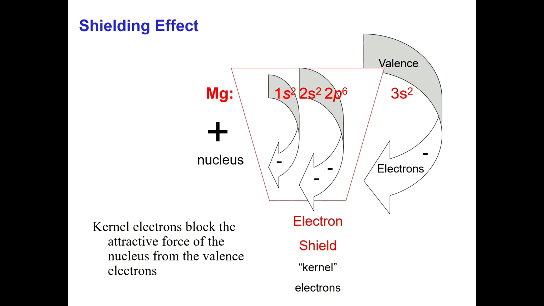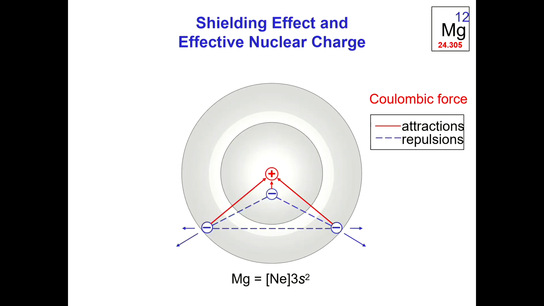Here, this is the inner electrons, and these two are valence electrons. They are attracted by the nucleus, but they also repel each other, and the inner electrons can repel this electron.